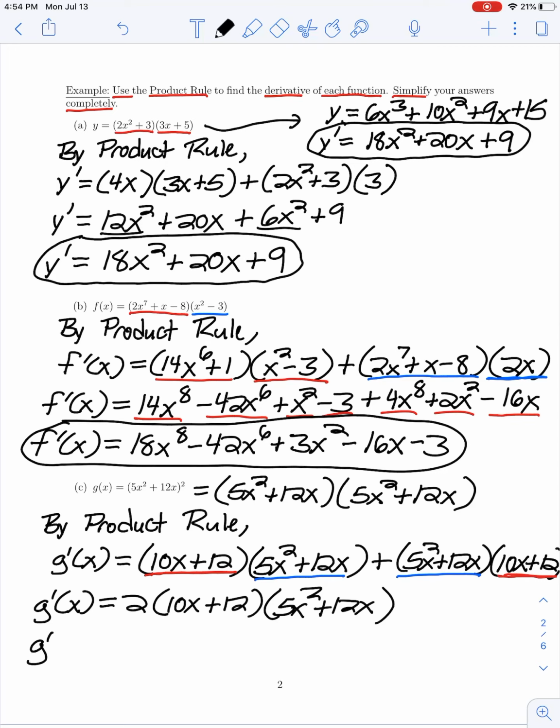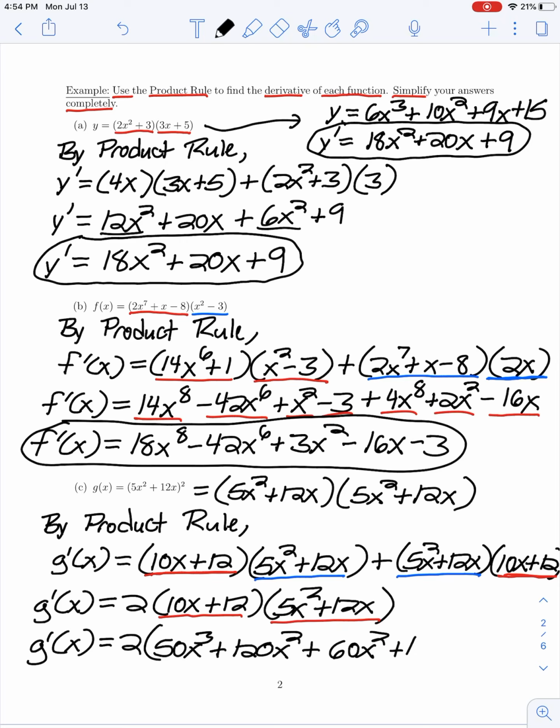So simplifying, if I expand, I have a constant 2, and then expanding this product of 10x plus 12 and 5x squared plus 12x, I have 50x cubed plus 120x squared plus 60x squared plus 144x.